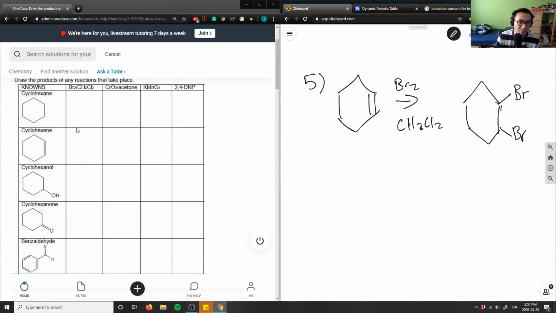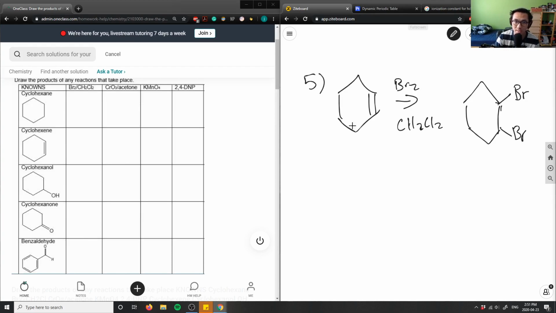Again, CrO3 and KMnO4 would just be oxidation reactions, and I don't have an alcohol group here. With 2,4-DNP, I don't have a carbonyl group, so I won't get a reaction.